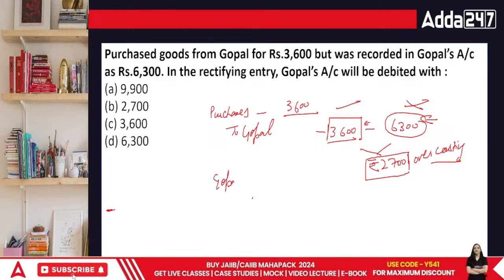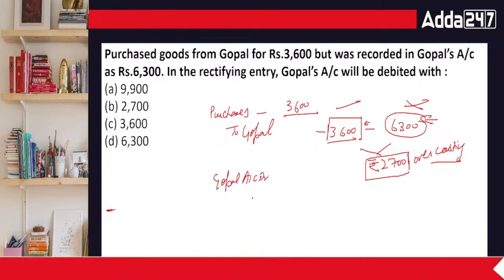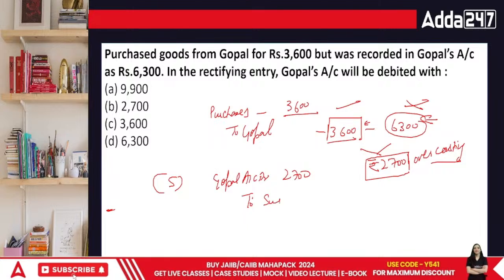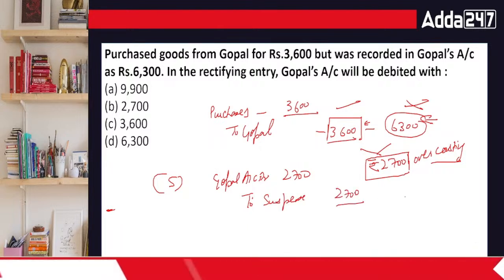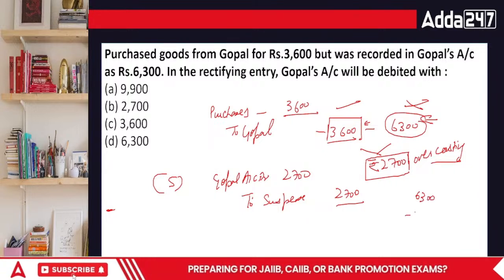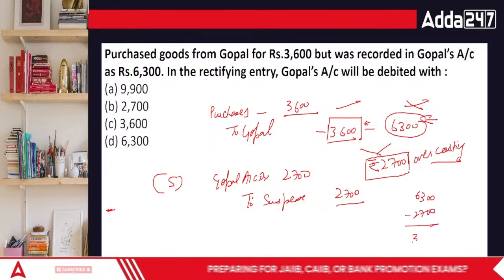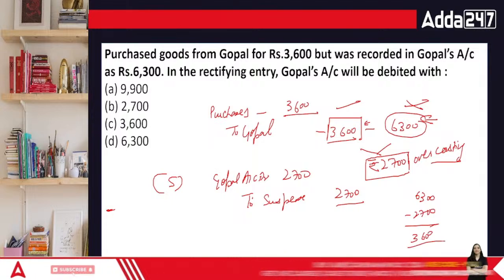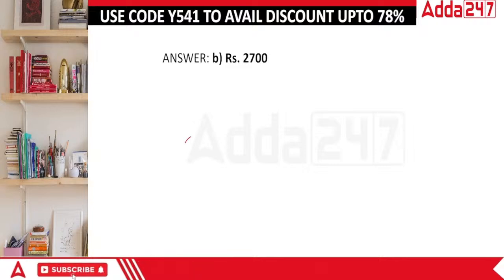Gopal's account has to be debited. It's a suspense now of 2700 to suspense. This 2700 reduced. Currently we are at 63. From 63, if you remove this 2700, you will get 3600 only, everyone. Which is the correct answer that we were looking forward to.